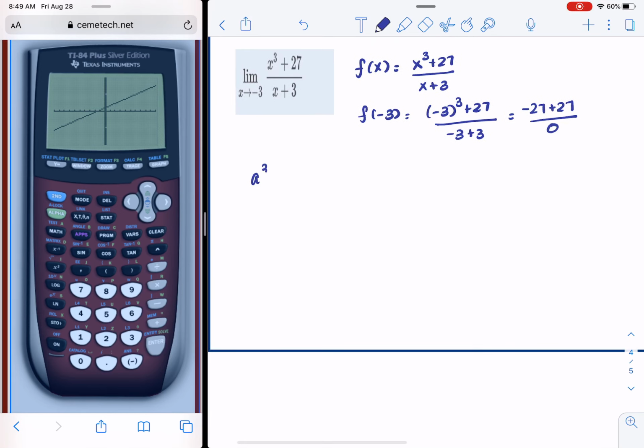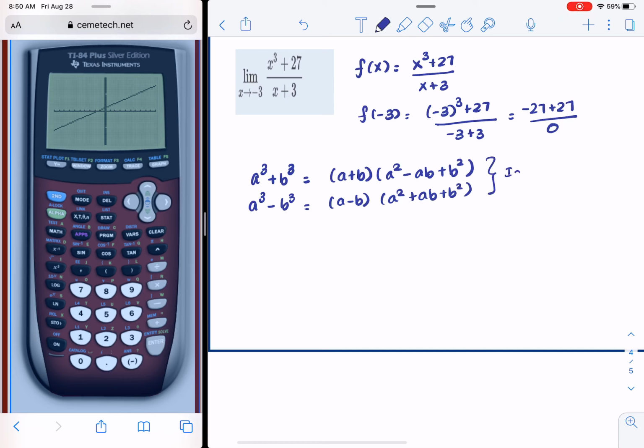If you remember the identity, a cubed plus b cubed is simply a plus b times a squared minus ab plus b squared. Likewise, a cubed minus b cubed is a minus b times a squared plus ab plus b squared. These are identities from algebra.